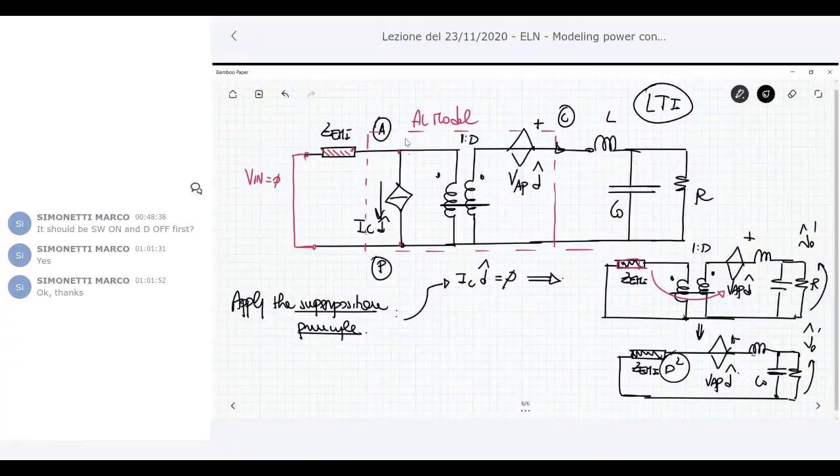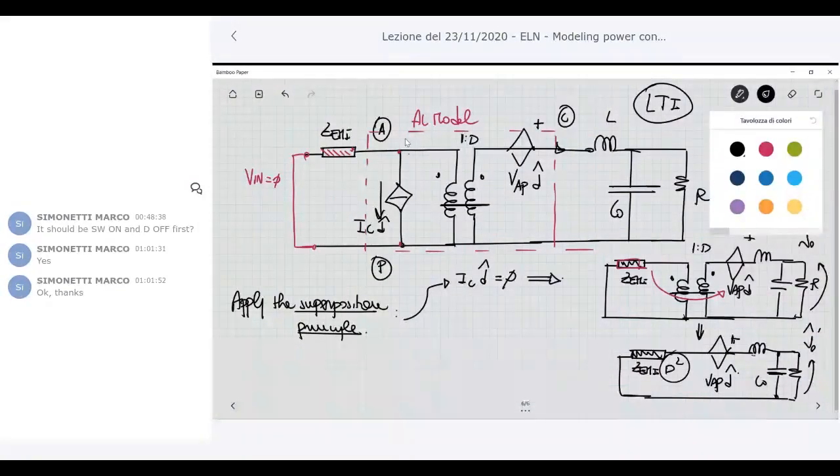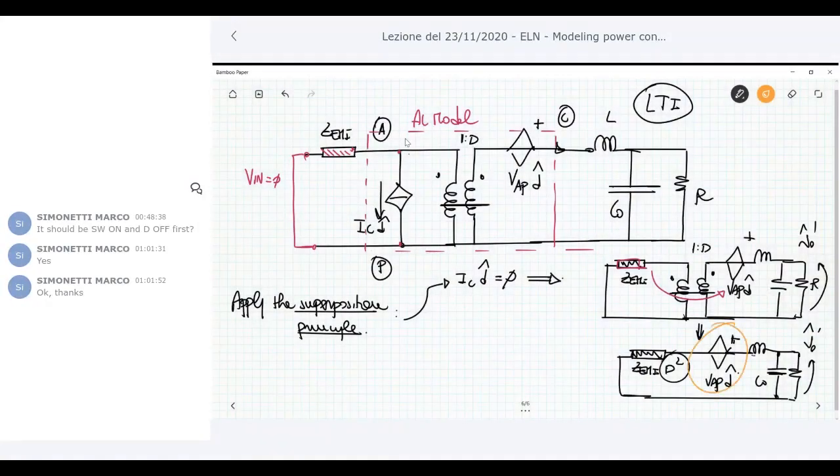What happens if D hat increases? Okay, D hat increasing means that my voltage here, this voltage source, is increasing. So if D hat is increasing, it means that this voltage source has a voltage that increases. And so this voltage is applied in order to drive V naught prime hat here.